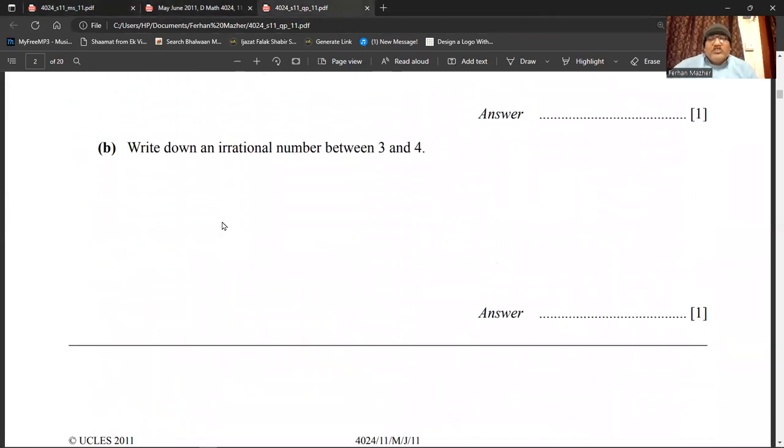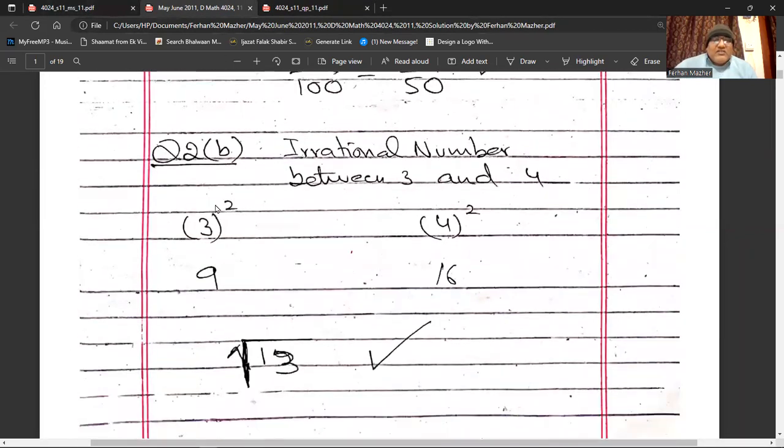Then question number 2 is B part. Write down an irrational number between 3 and 4. The trick is very simple. You take square of the 3, you take square of the 4. So it will be 9 and 16.